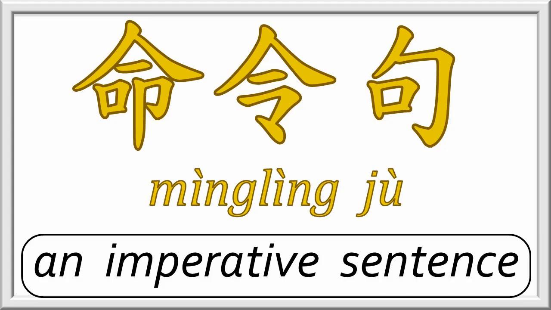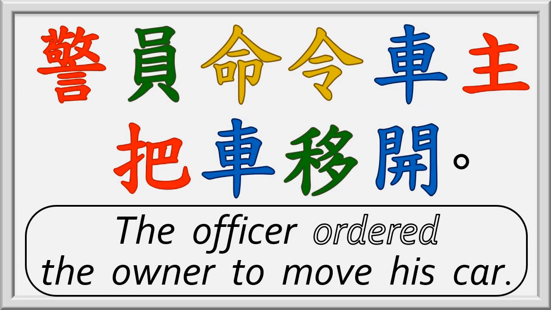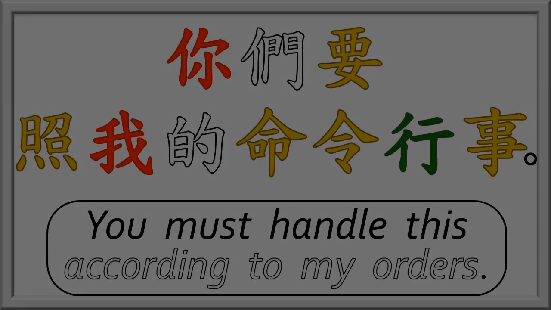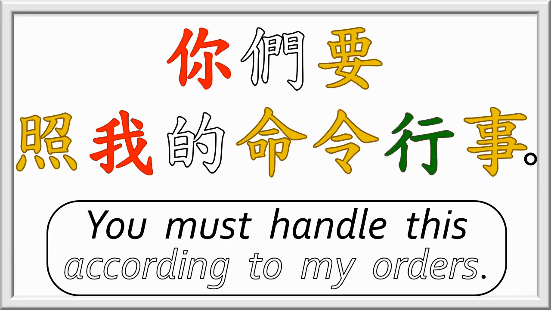An imperative sentence is rendered as 命令句. 警员命令车主把车移开. The officer ordered the owner to move his car. 你们要照我的命令行事. You must handle this according to my orders.